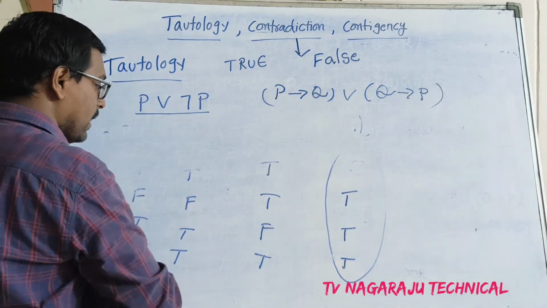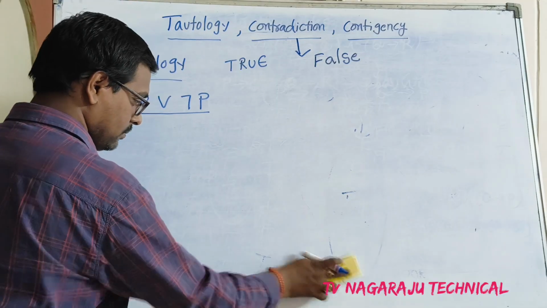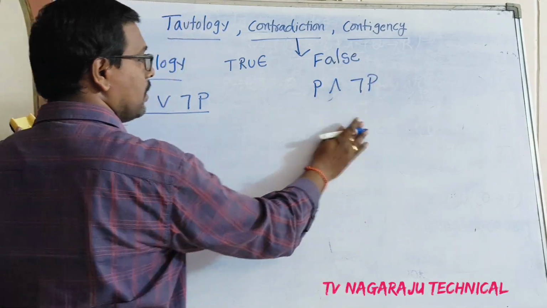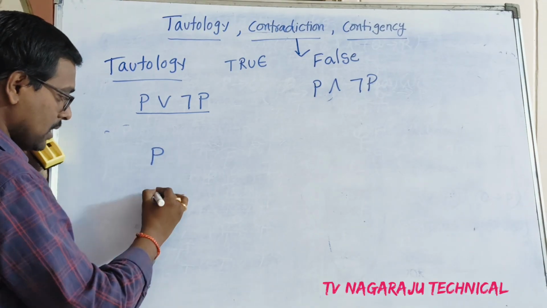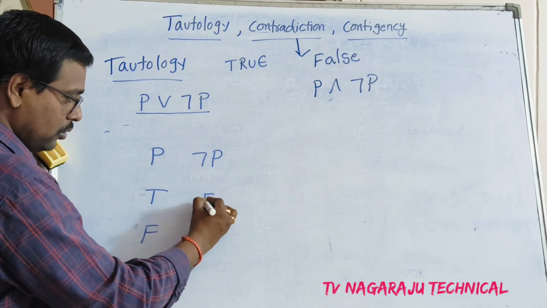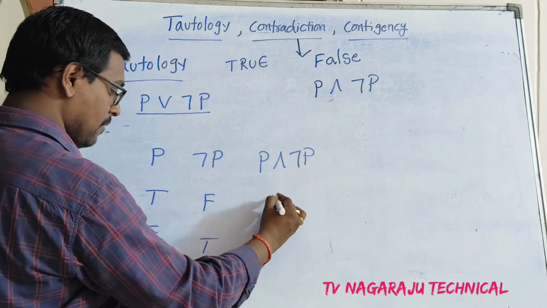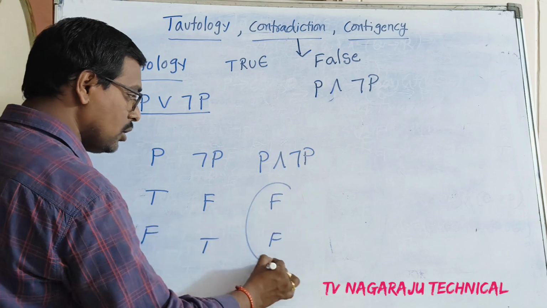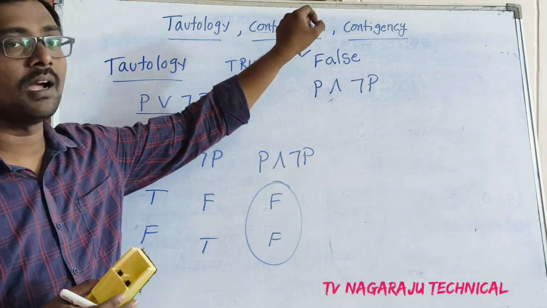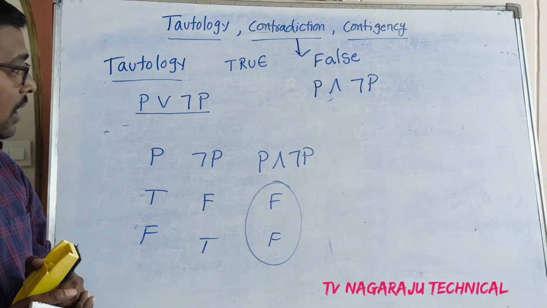We will move on with one example of contradiction: P and negation P. Suppose P values are true and false, negation P values are false and true. We check P and negation P: false, false. If it is false in all the cases, then that is called a contradiction.